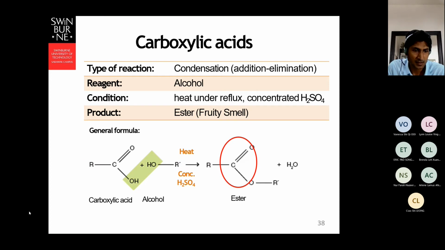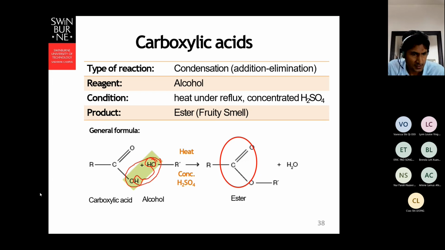Okay. So when this acid and this alcohol are reacting, both of them have OH. From this OH, the hydroxyl will go out from here, and this hydrogen from here will go out and produce water.